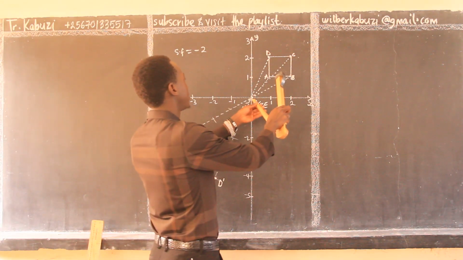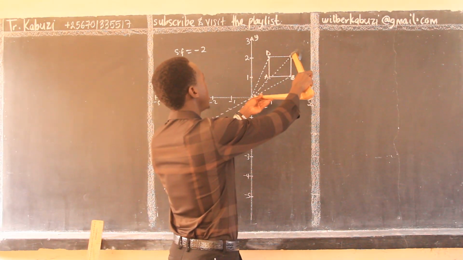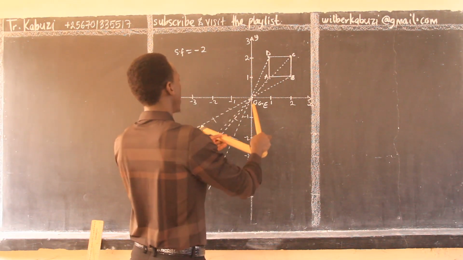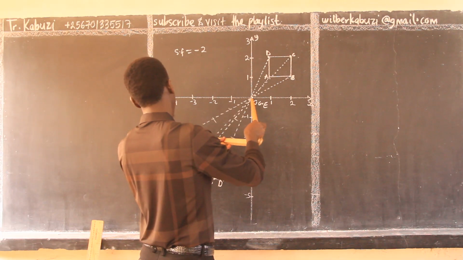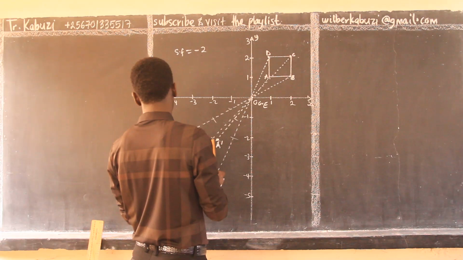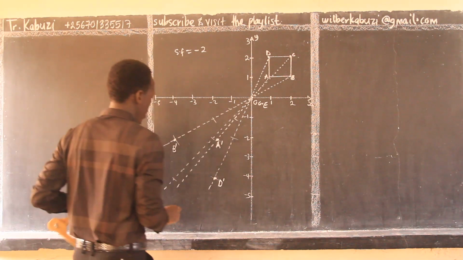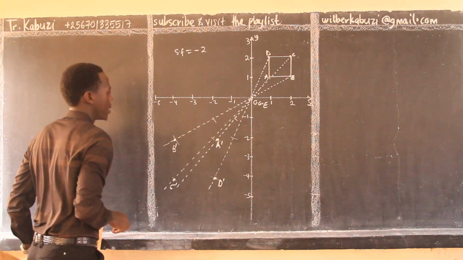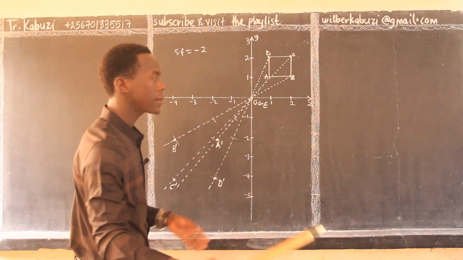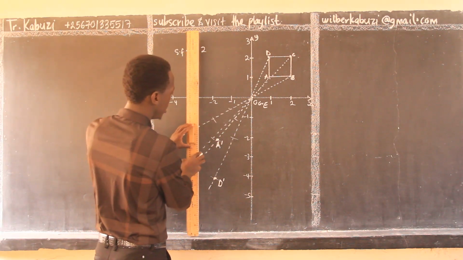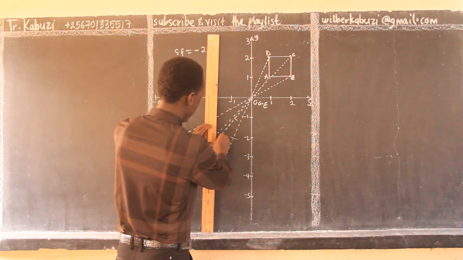And I come to my C, I measure C. Then I come inside and I measure C. My C will be the first one there. Then my second will be there. So now this will be my C prime. Then after that, I can join these 4.